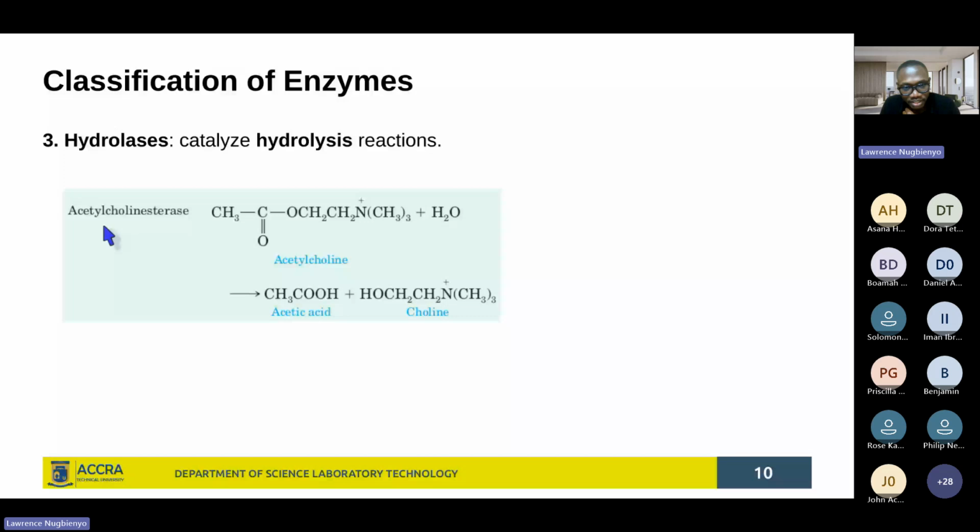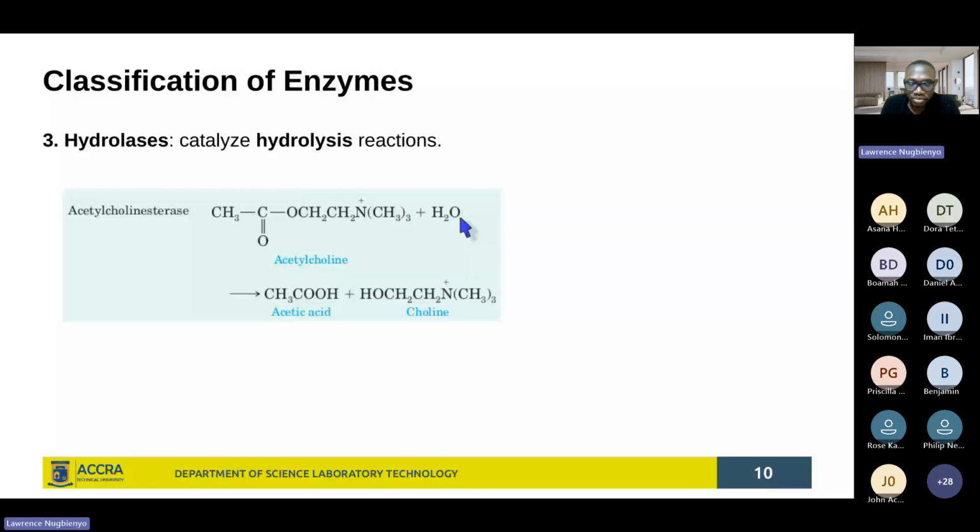Hydrolysis, you have in the presence of water, a molecule broken down into smaller molecules. So we see acetylcholine is broken down into acetic acid. So it's just this first part of that molecule gets broken down into acetic acid.